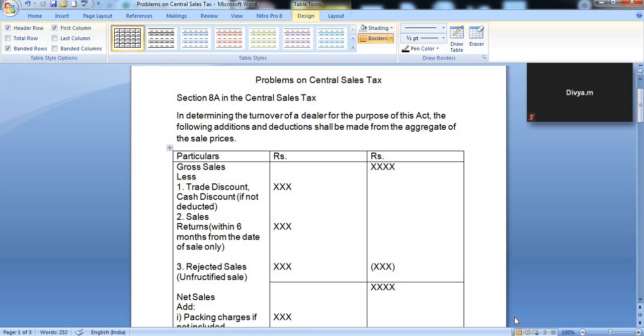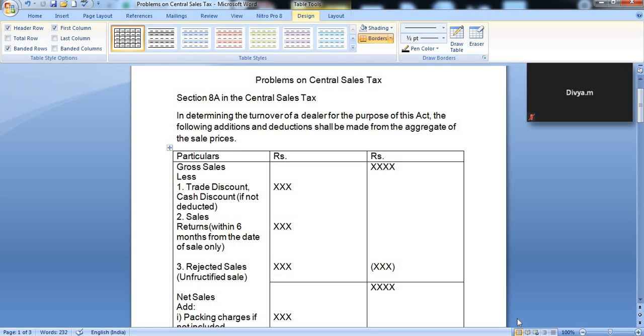So cash discount is like if a debtor has to pay some amount, and if he pays before the due date, you are allowing him discount, so that is cash discount. Okay, then sales returns. If there are sales returns, that has to be deducted from the gross sales only if it is within a period of 6 months from the date of sale only.